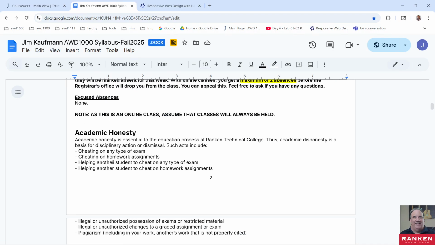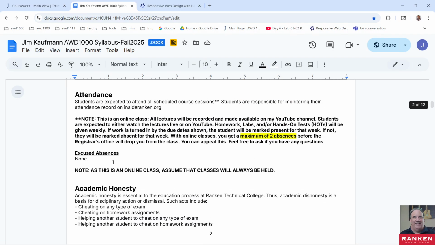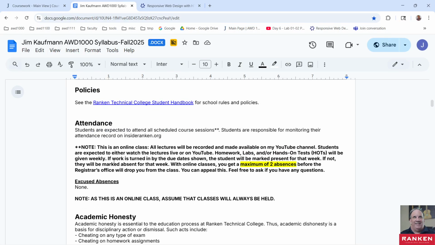I did want to mention, I don't think I have it listed here, the work ethic. Besides this course, for every course that you have, you also have a work ethic course that's associated with it. And in that work ethic course, you will get graded. You kind of start out as meets expectations. It's meets expectations, needs improvement, or exceeds expectations.